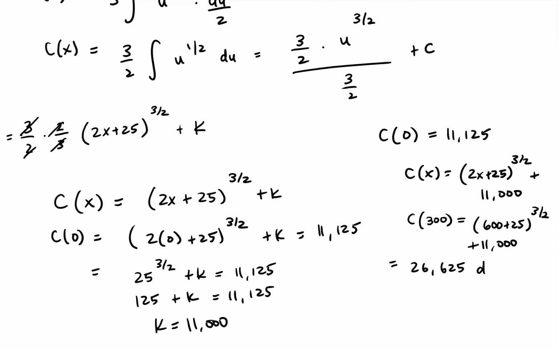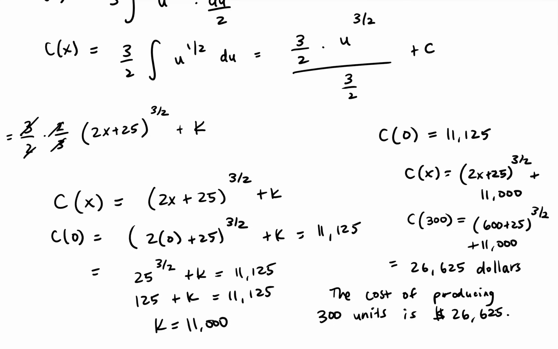The units on this is dollars since we're evaluating our cost function. So you could just write a sentence saying the cost of producing 300 units is $26,625, and that is our final answer.